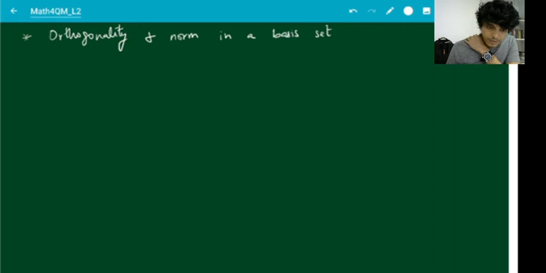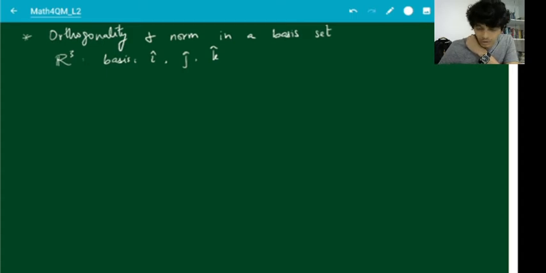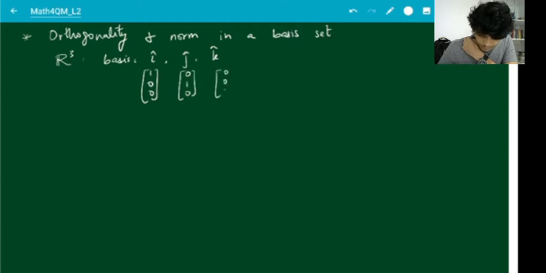So going back to R3, I can choose the following basis, just i hat, j hat, k hat. And in the column vector notation, i hat is just 1 0 0 because its i component is 1, j component is 0, k component is 0. j is represented as 0 1 0, k is represented as 0 0 1.